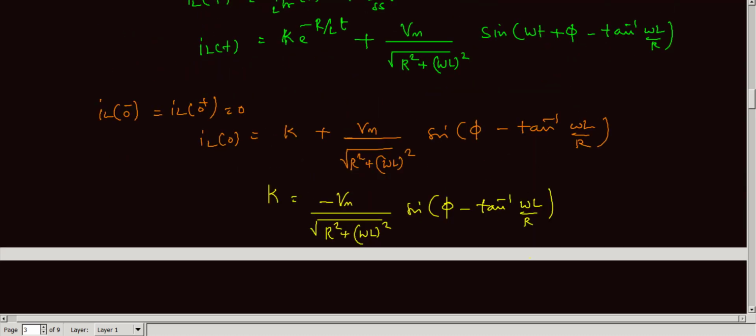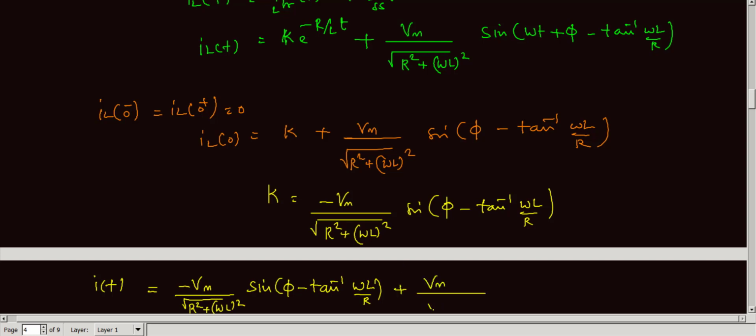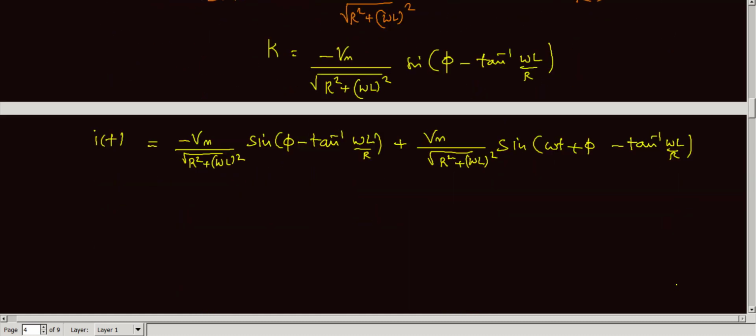Now, substitute the k value here. I of t equals minus Vm by root of R square plus omega L whole square sin of phi minus tan inverse of omega L by R, times e power minus R by L t, plus Vm by root of R square plus omega L whole square sin of omega t plus phi minus tan inverse of omega L by R. This is the final current.